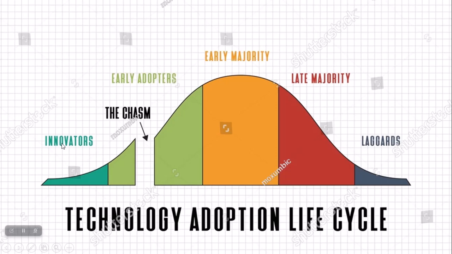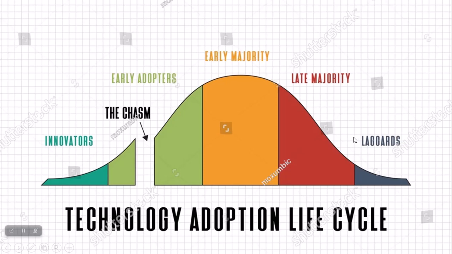Innovators are the people who accept the change first, and then there is a gap, and this gap remains for some time or for some people, a gap in understanding, a gap in adoption. Then there are early adopters, then early majority, then late majority who accept the change or technology, and then laggards.